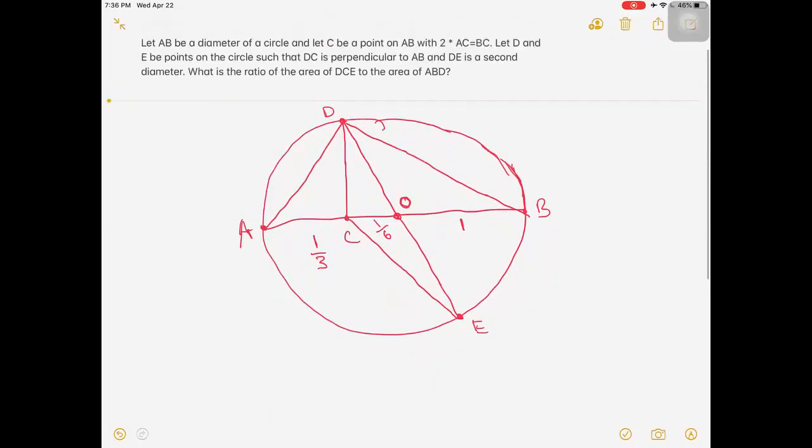Okay, so to find the area of DCE right here, we want to find the base times the height. So if we choose CD to be our base, the height, one sec, we have to extend BC and draw the perpendicular.